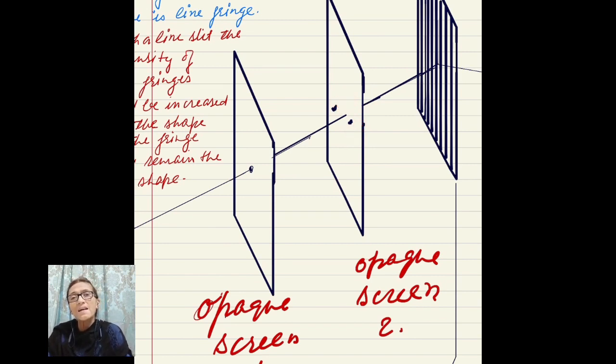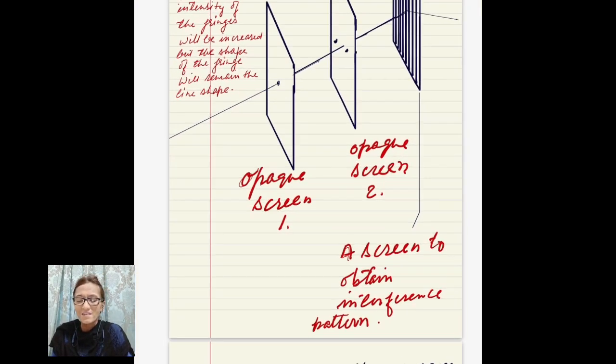So here the phase difference is locked, the phase difference of the 2 waves coming out from these 2 slits is locked. Now the phase difference of the 2 disturbances coming from these 2 slits will not change in time. They will remain constant.